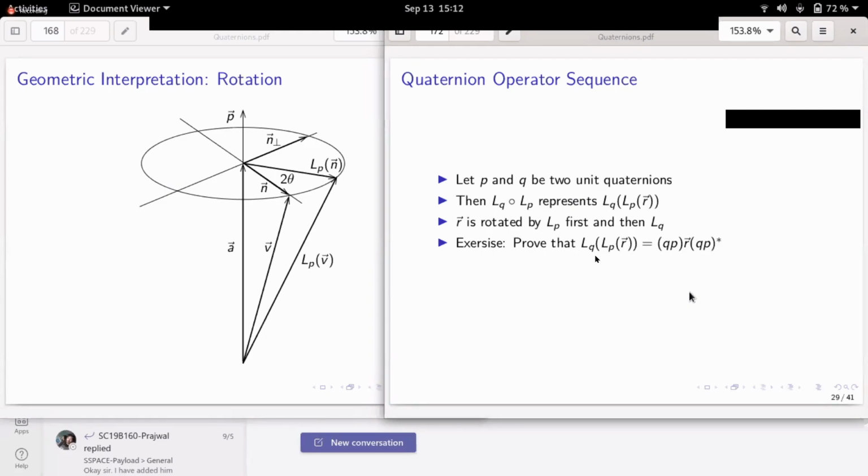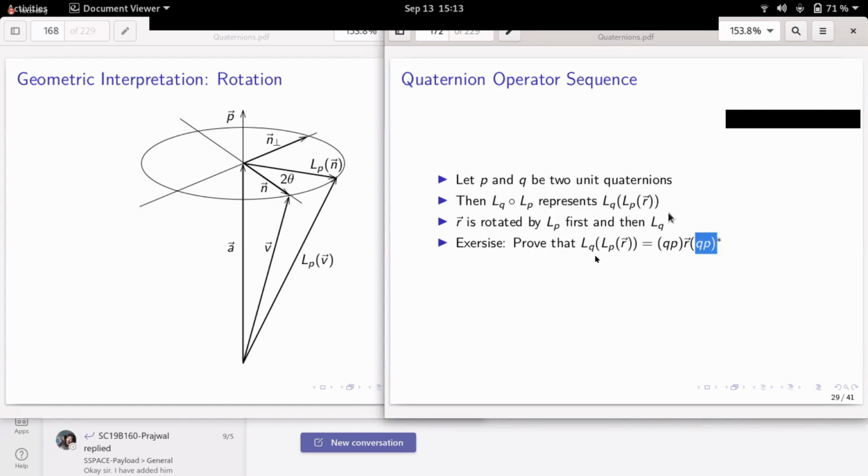And if you write it as one, we had already seen matrix multiplication. By doing matrix multiplication, I can get a single matrix. So similarly, what is the single quaternion which represents the composite rotation? For that, you notice this quantity.